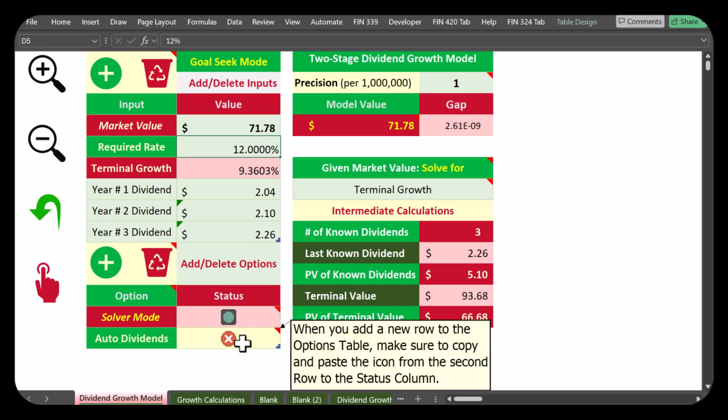And this automatically solves it for us. All right. So it says if we expect the dividends of Coke to grow at those expected growth rates after year 3, the only way to justify this price is to expect Coke dividends to grow at over 9.3%.